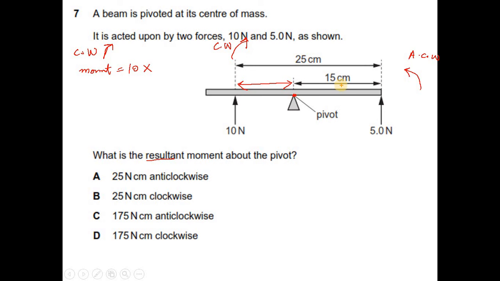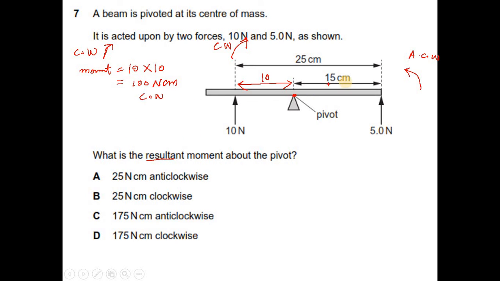Clearly this is 25 minus 15, which is 10 centimeter. So 10 times 10 is 100 Newton centimeter, and the direction is clockwise.